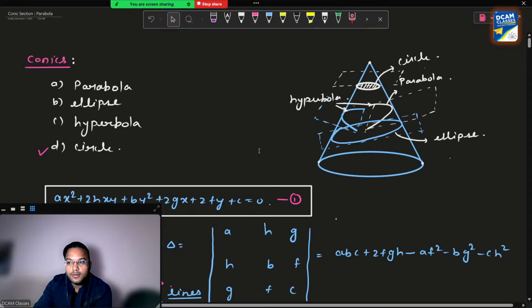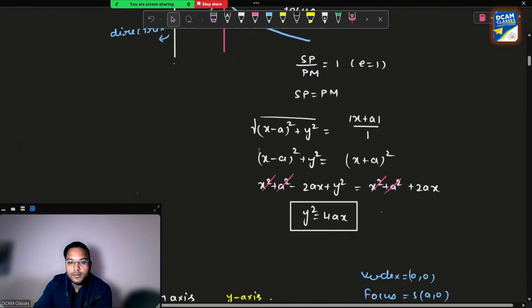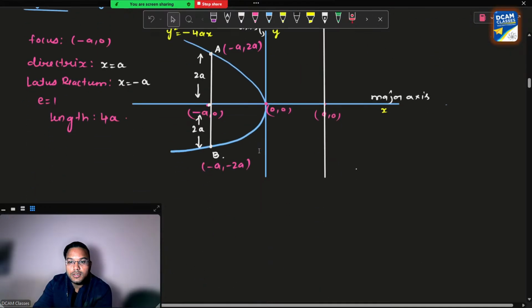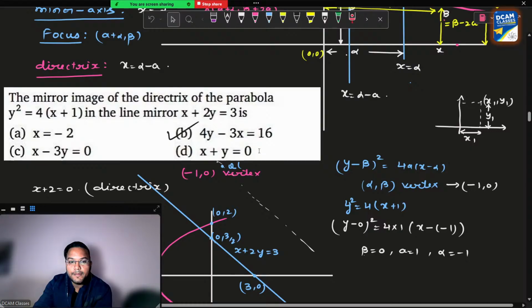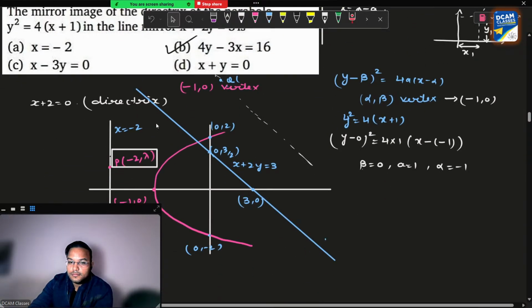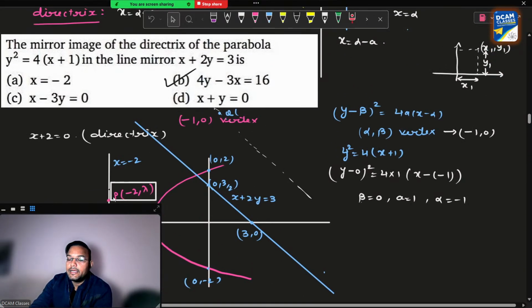Let me show you. This one. Where is that mirror image question? You remember this one? Mirror image of the directrix of the parabola in the line. I have assumed a point P with one variable, tried to find out the image of that, and after finding out the image, I tried to find out the locus.